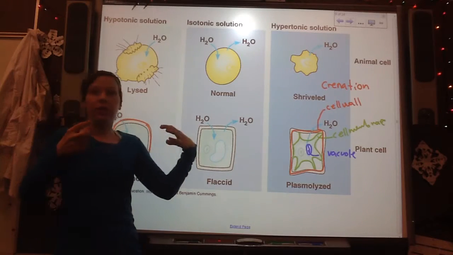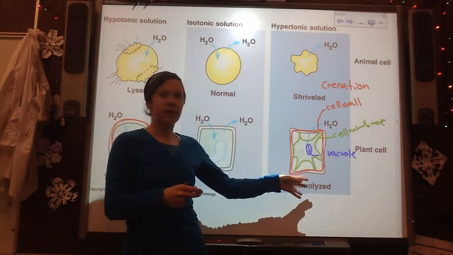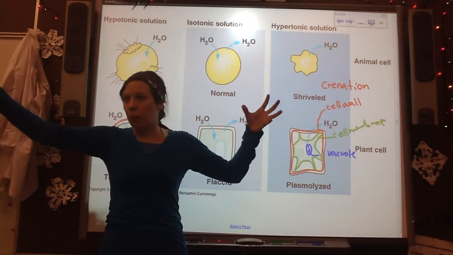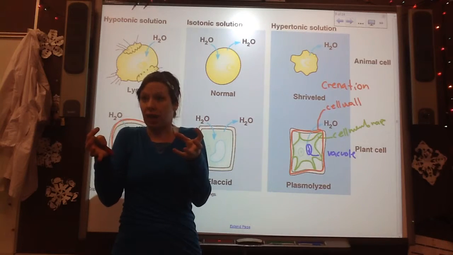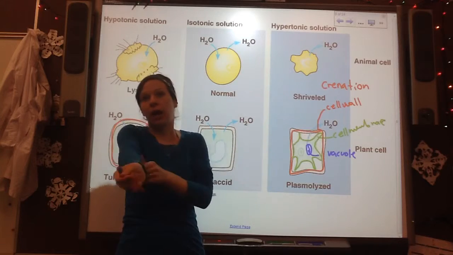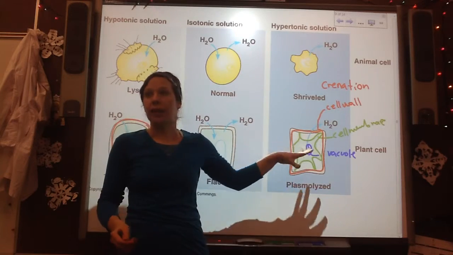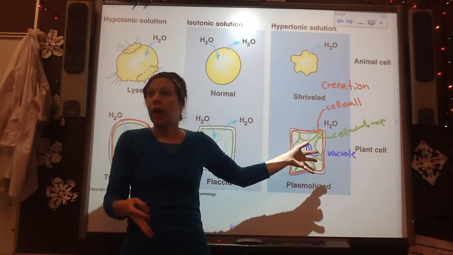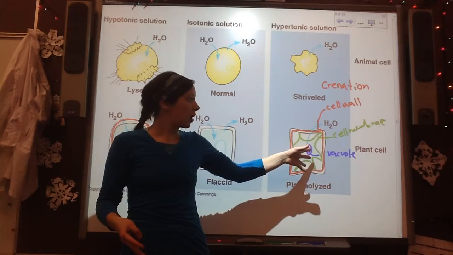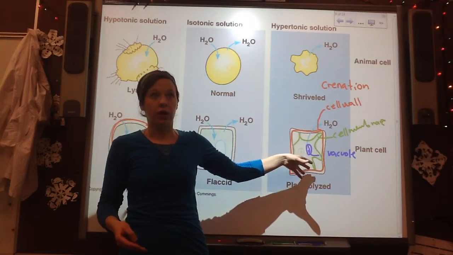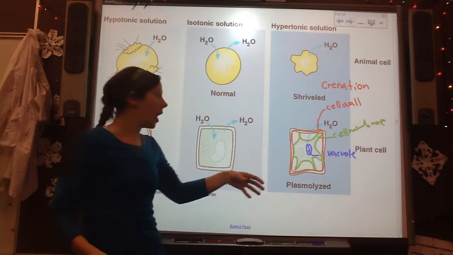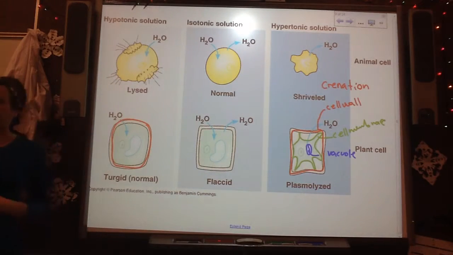So this happens if plasmolysis gets too aggressive. The cell membrane will tear off of the cell wall, and it could get so bad that the cell can't recover. But generally, if you water a plant soon enough, it will recover.